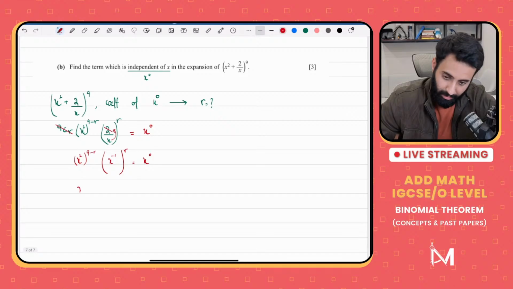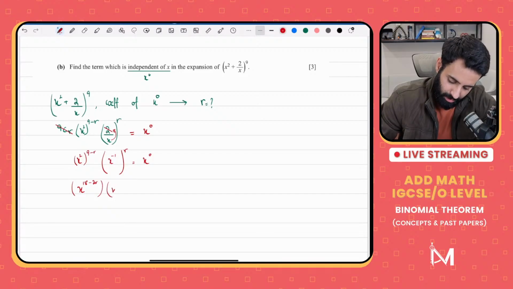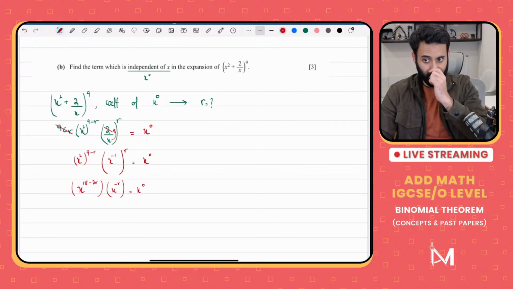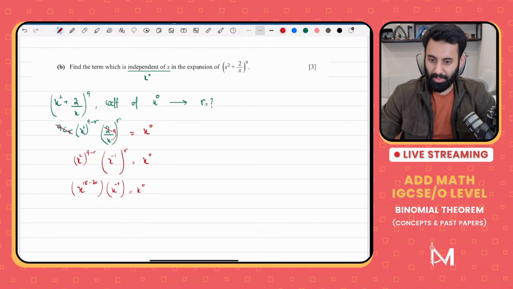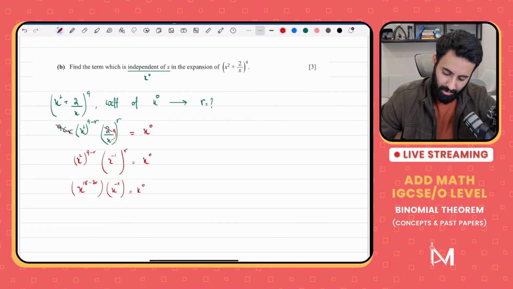So this becomes an indices question. So x raised to the power 2 times 9, that's 18, minus 2r, into x raised to the power minus r, equals x power 0. The reason we've equated it with x power 0 is so that we can solve for the value of r that will give us x power 0.